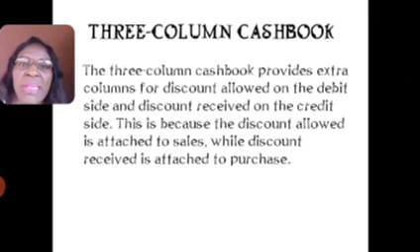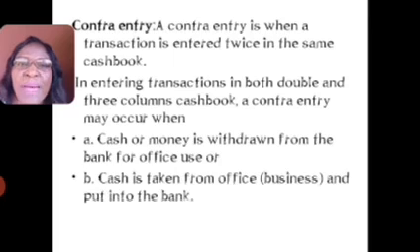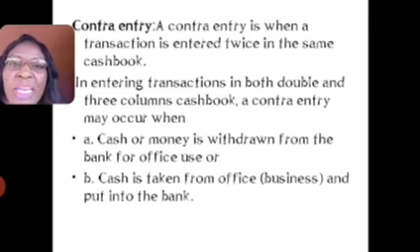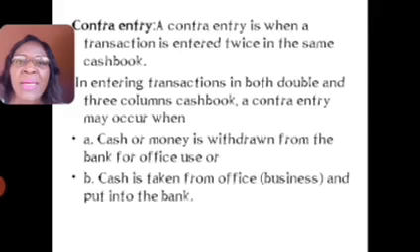When you withdraw money from the bank to the office, you debit the cash and credit the bank. But when you take money from the office and pay into the bank, then you credit the cash because you remove money from it, and then debit the bank.